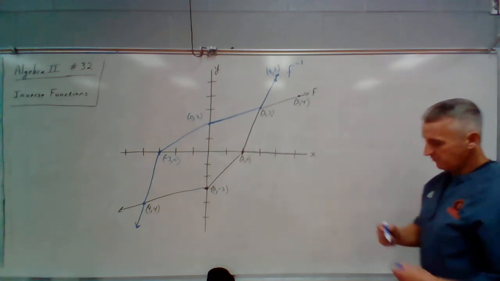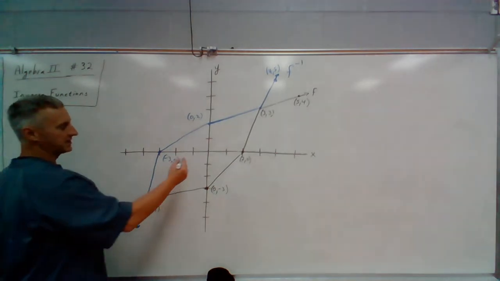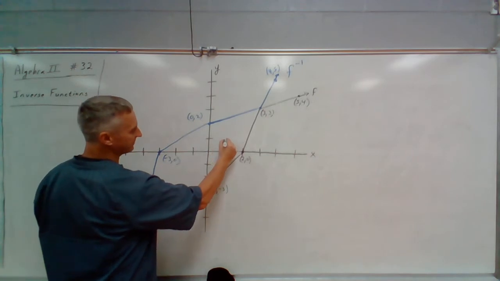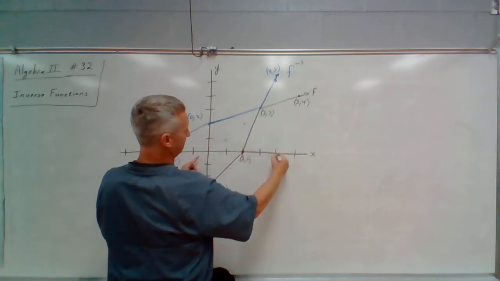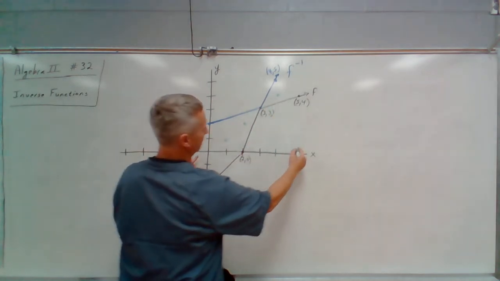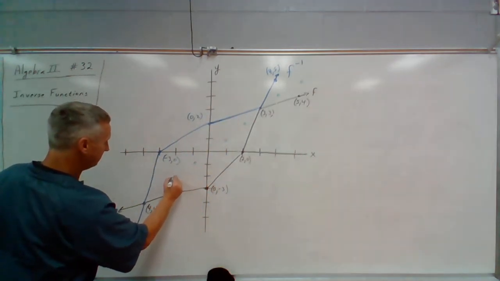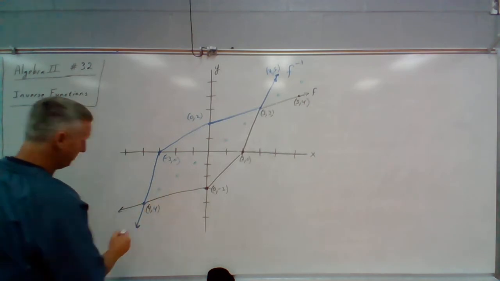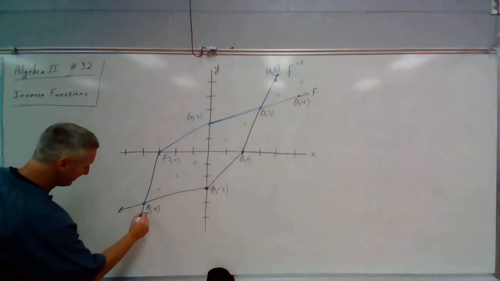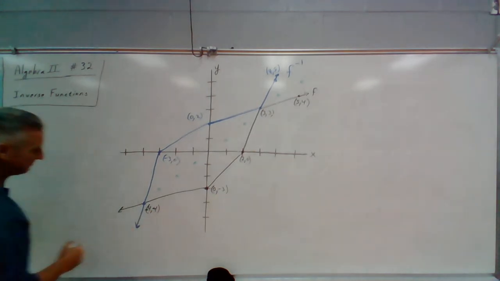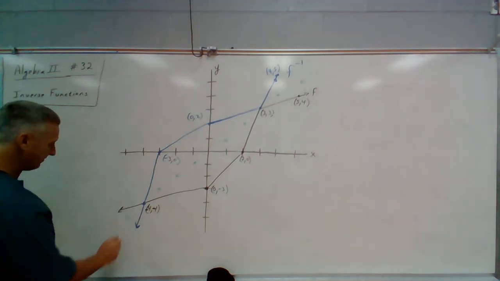Something really important to notice now about this graph. Let's say that I graph the line y equals x. For y equals x, you would have the points 1, 1, 2, 2, 3, 3, 4, 4, 5, 5, negative 1, negative 1, negative 2, negative 2, negative 3, negative 3, negative 4, negative 4, and negative 5, negative 5.